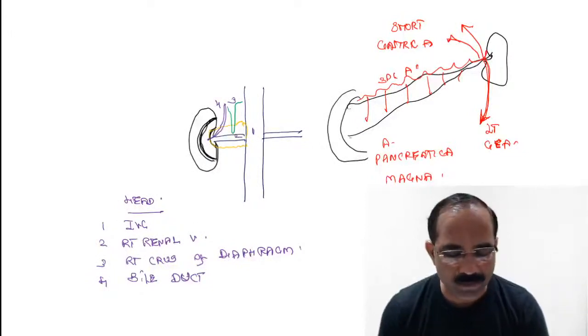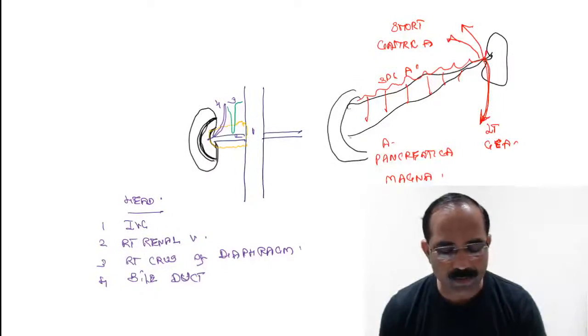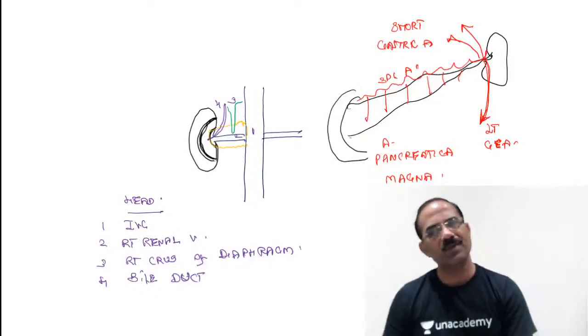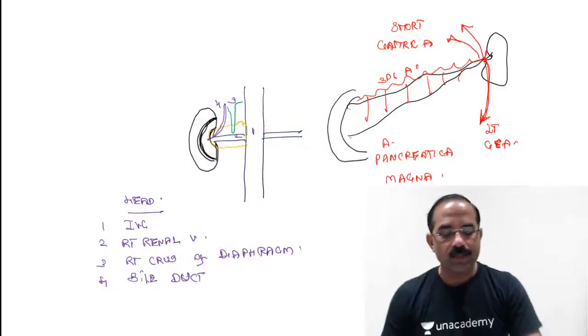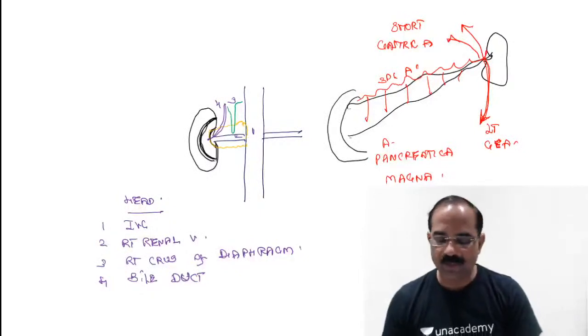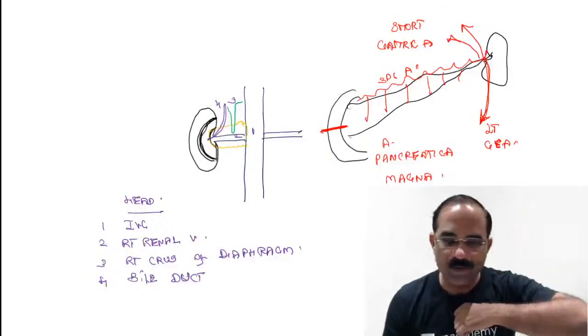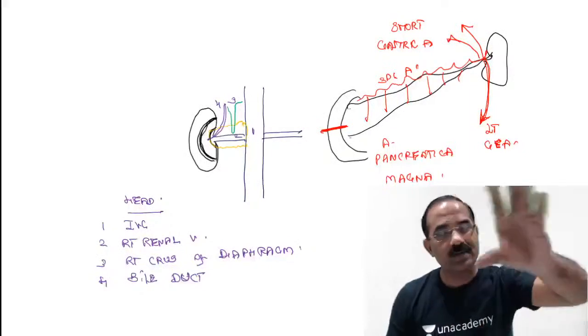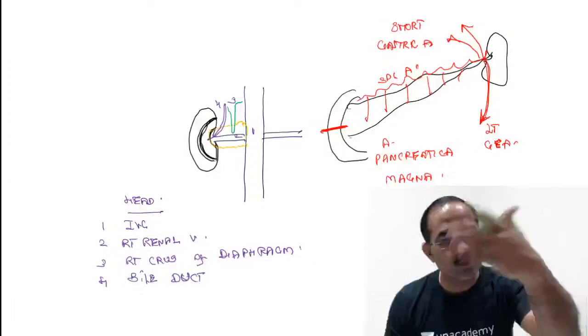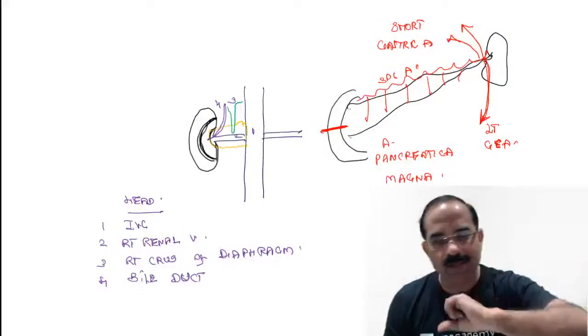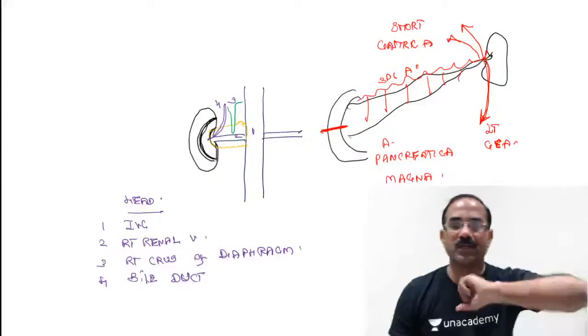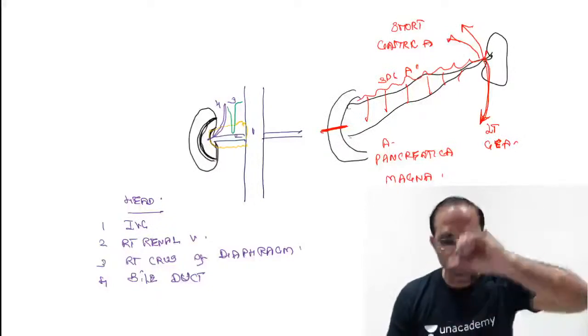Superior and inferior pancreaticoduodenal arteries supply the duodenum as well as the pancreas. The superior pancreaticoduodenal supplies the duodenum up to the opening of the bile duct, because this part of the duodenum is derived from what? Foregut. Duodenum is partly derived from foregut, partly from midgut, so duodenum has a dual blood supply.